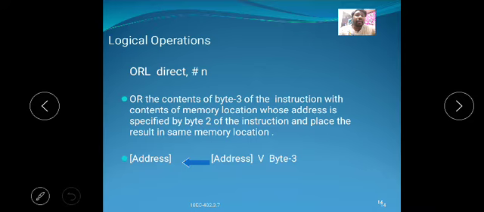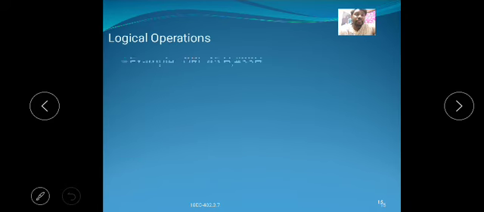ORL direct comma hash N: OR the content of byte 2 of the instruction with the content of the memory location whose address is specified by byte 2 of the instruction and place the result in the same memory location. Direct address tends to direct address OR byte 3.